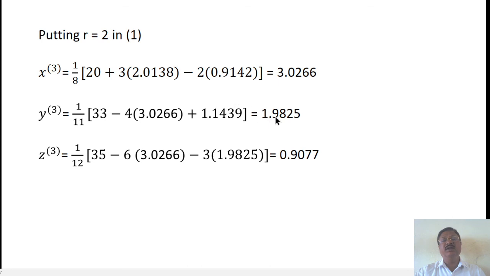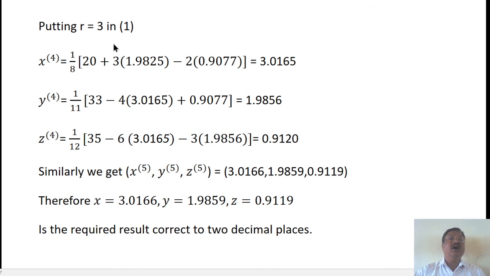After simplification, it is 1.9825. Similarly, z raised to 3 is 1 upon 12, 35 minus 6 into the most recent value of x, and 3 into the value of y. After simplification, it will be 0.9077.